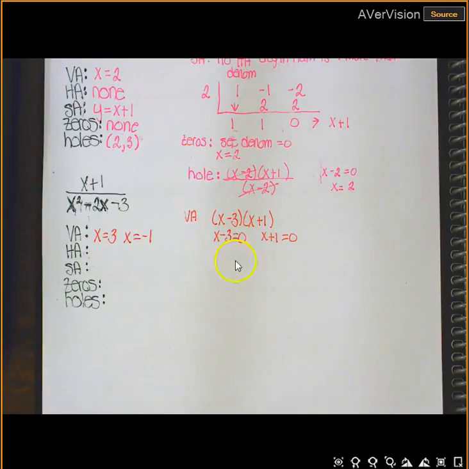Okay, so we factored the denominator and then set it equal to 0 to find the vertical asymptote. What about horizontal?